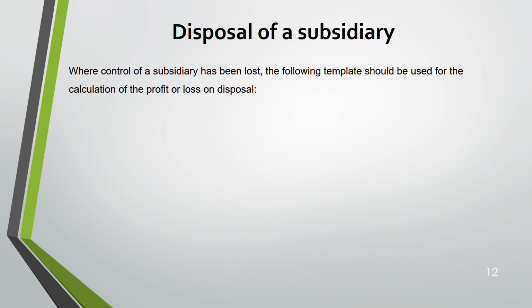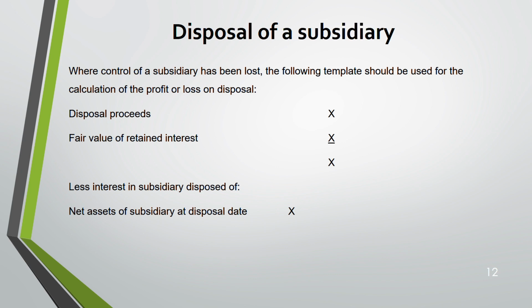Now, this is the template for profit and loss, for the consolidated accounts. Individually, it's just sale proceeds minus the amount of the shares sold. Here, take the disposal proceeds, add the fair value of retained interest, and deduct the net assets, because it was a subsidiary before.